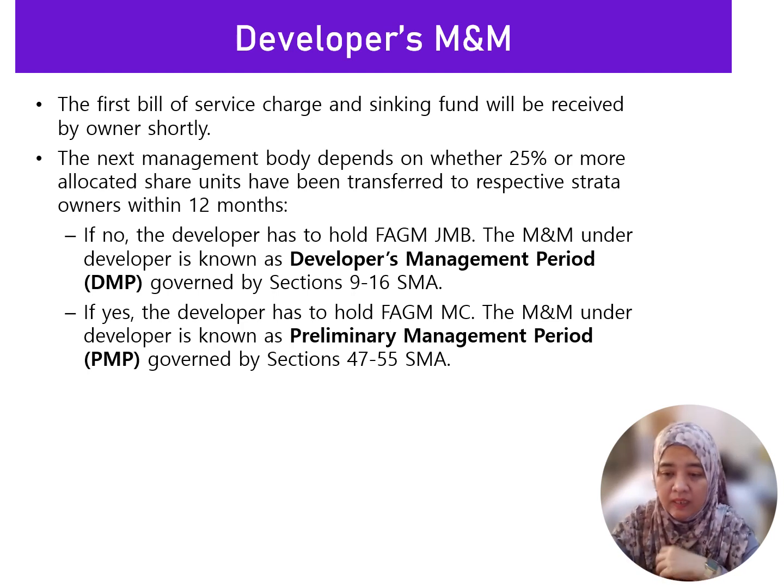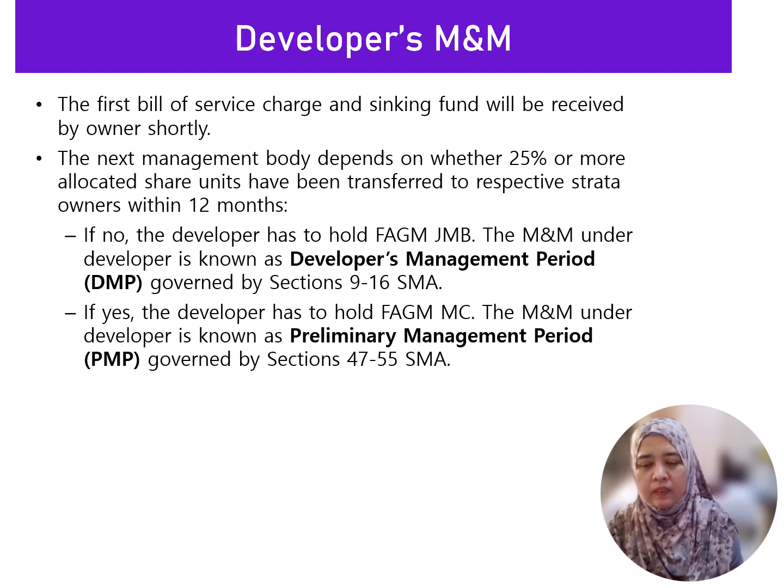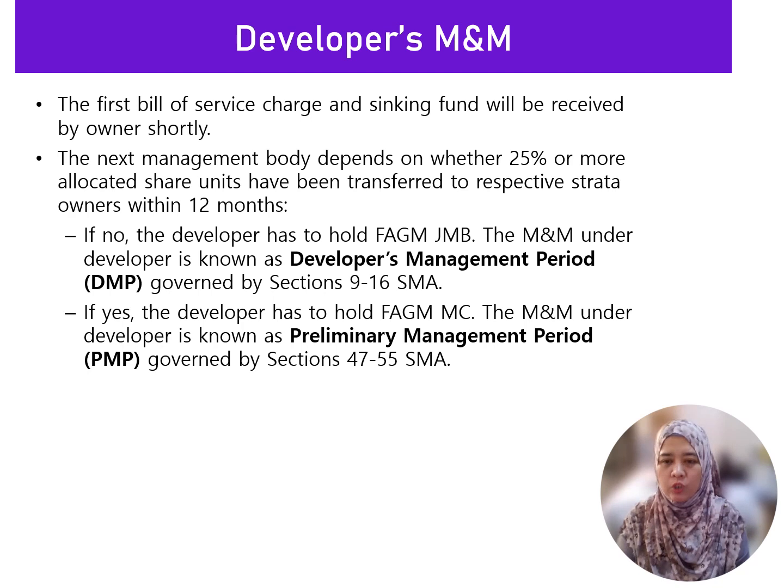Okay, dan the corresponding allocated share units kepada the newly issued strata title tu is 25% or more daripada total allocated share units, then MC bolehlah ditubuhkan. And how to form the MC? The first AGM, FAGM. The first AGM of the MC has to be held. Barulah MC boleh ditubuhkan, establish secara formal, secara official.